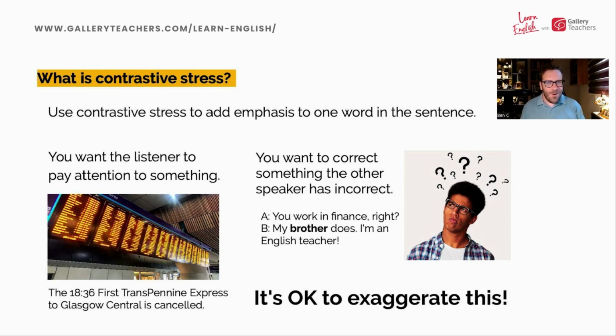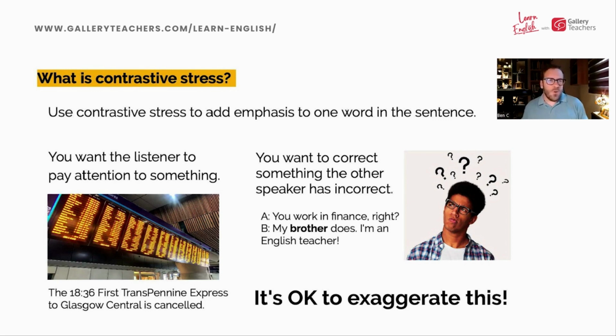So think about if you're traveling, you're at a train station, and the announcer comes out and says, the 1836 First Transpennine Express service to Glasgow Central is cancelled. Or maybe the 1836 First Transpennine Express service to Glasgow Central is cancelled. Or maybe the 1836 First Transpennine Express service to Glasgow Central is cancelled.